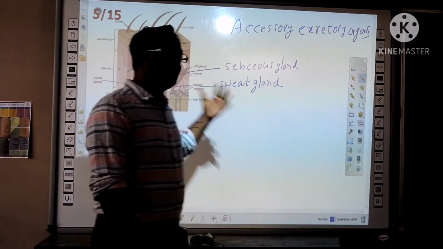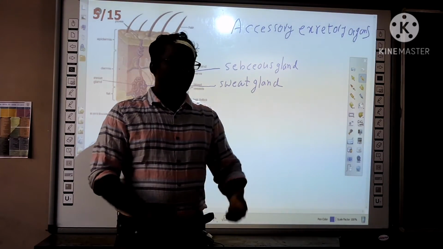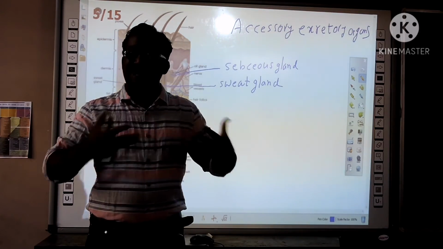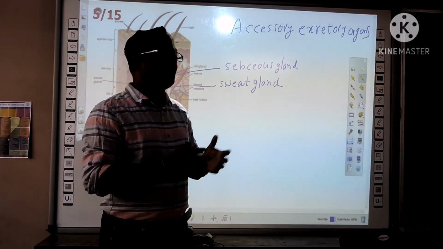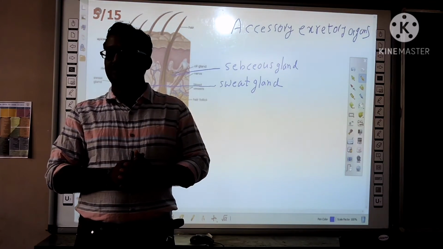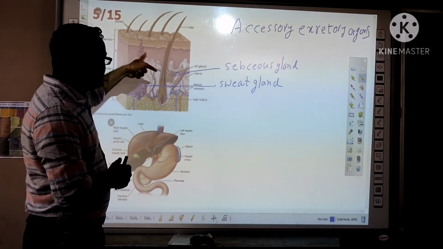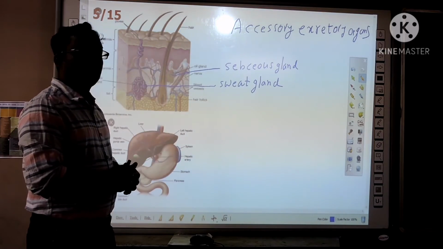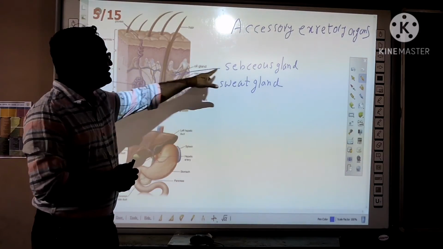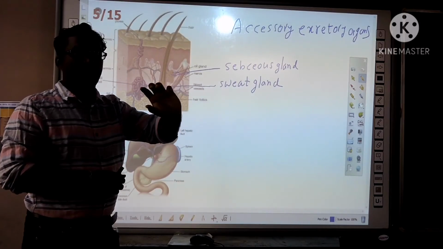Skin. What does skin remove from the body? Yeah, sweat. In the form of sweat, it removes excess salts and excess water from the blood. If you observe the section of the skin, here you can see the sweat glands and another one, oil glands or sebaceous glands. The sweat glands remove some excess ions, salts, and water.